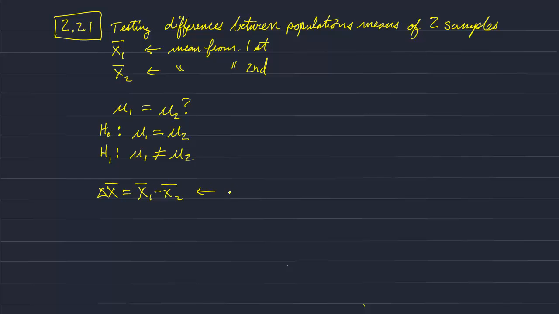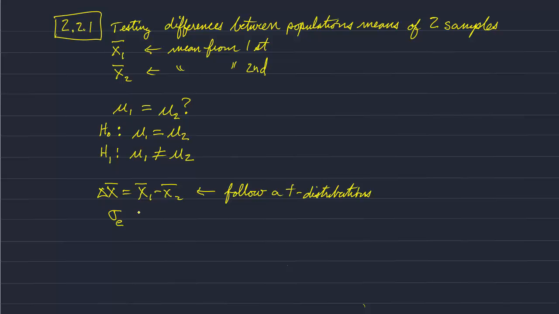Theoretically, that will follow a t-distribution. In other words, if we were to make repeated samples from the same two populations, and if those populations were indeed different, then the difference in the sample means will follow a t-distribution, and it will have a standard deviation of, let's call this sigma e.